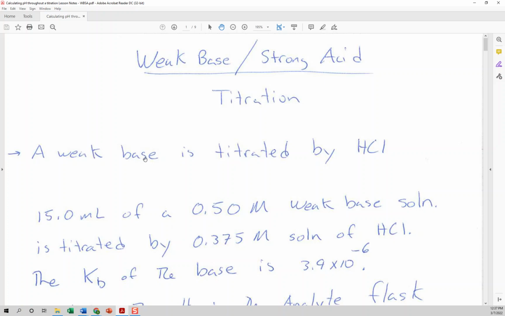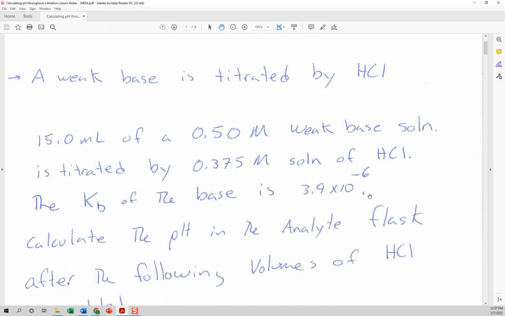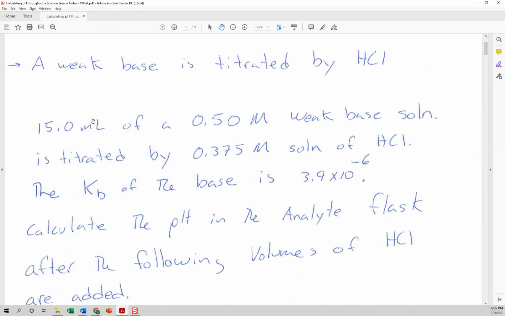So a weak base is titrated by HCl. We have to recognize HCl is a strong acid. So here's the scenario, okay? 15 milliliters of a 0.5 molar solution of a weak base, we'll call it WB, is titrated by a 0.375 molar solution of HCl, a strong acid.